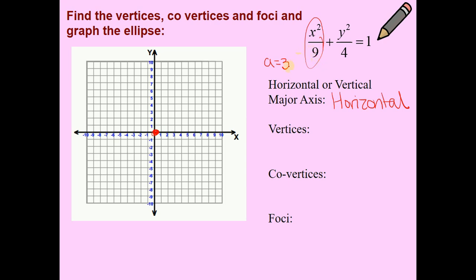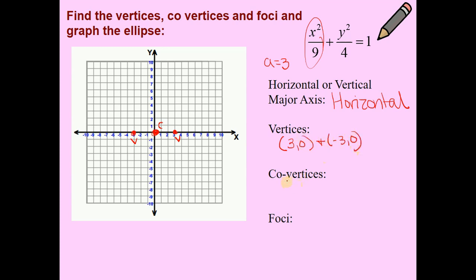So my a has to be 3, which tells me that the distance from our center, 0, 0, to our vertices is 3 away. So if my center is at 0, I have to go 3 this way, because I have a horizontal major axis, right? And horizontal means I go left and right. And then negative 3. So these are my vertices. I'm going to make little notes that those are my vertices as well. So my vertices are located at 3, 0 and negative 3, 0.